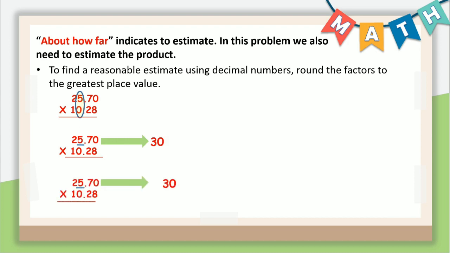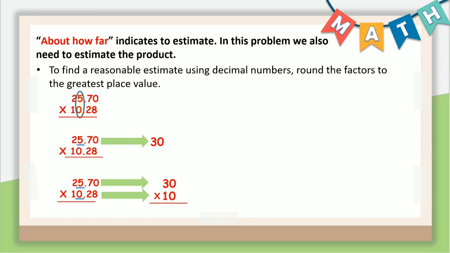Now let's take a look at the second given number, 10 and 28 hundredths. Its ones place value is 0. Then we are going to round down and say that 10 and 28 hundredths is much closer to 10.